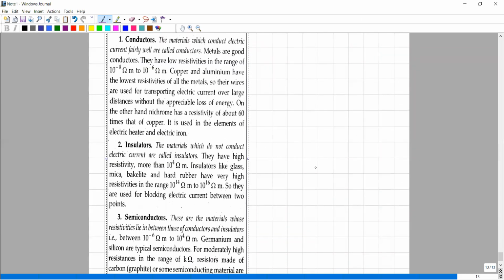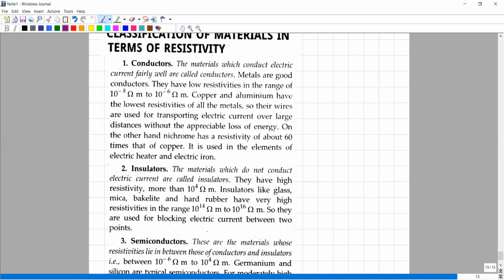If the resistance is low, then it will be a conductor. So you can very easily identify the materials which conduct electric current fairly well, called conductors. You can pause the video and read this whole thing. Basically, the main thing you have to remember is this value here.